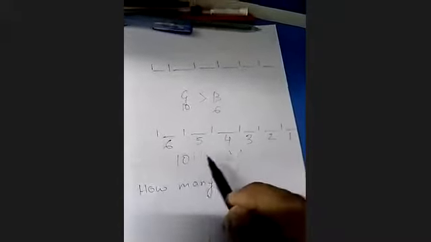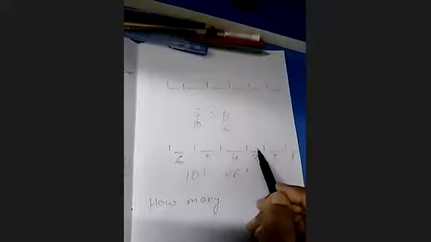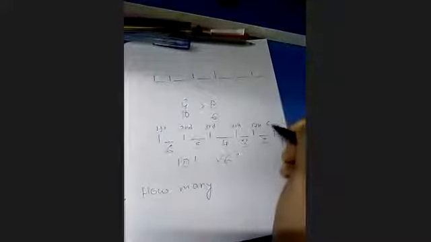So I think we don't need to divide it by 4 factorial. And how are you getting this 10 factorial? See, there are 10 girls, and suppose this is the first girl, this is the second girl, the third girl, fourth, fifth, sixth, and it goes on.